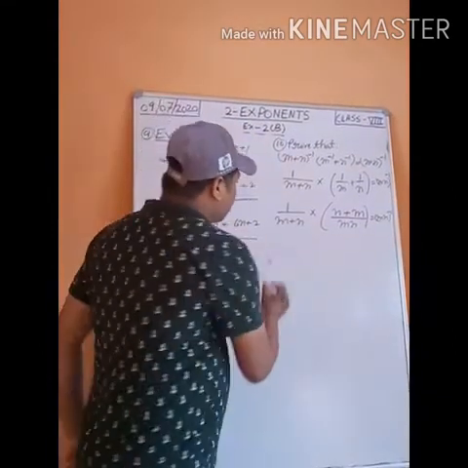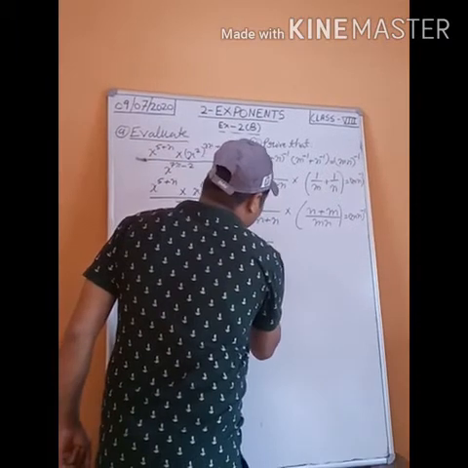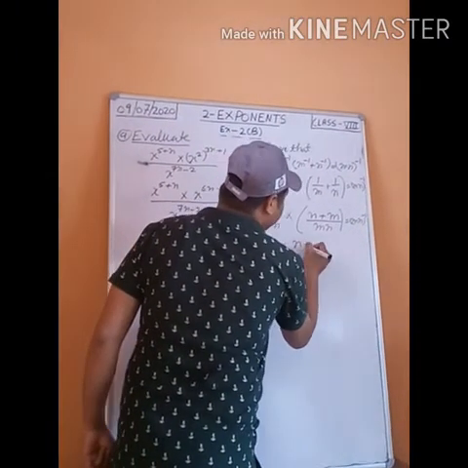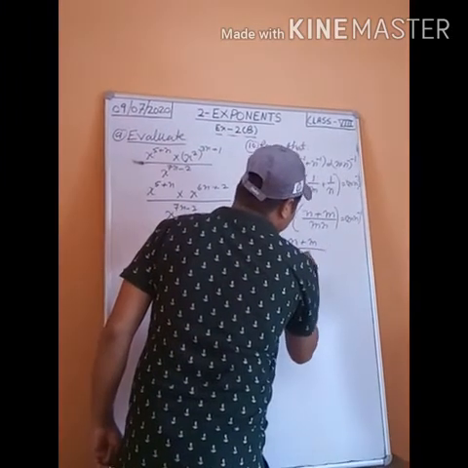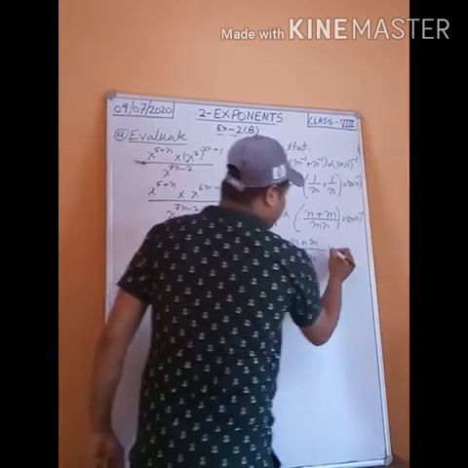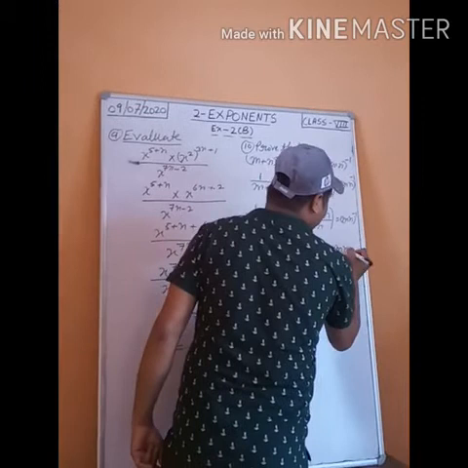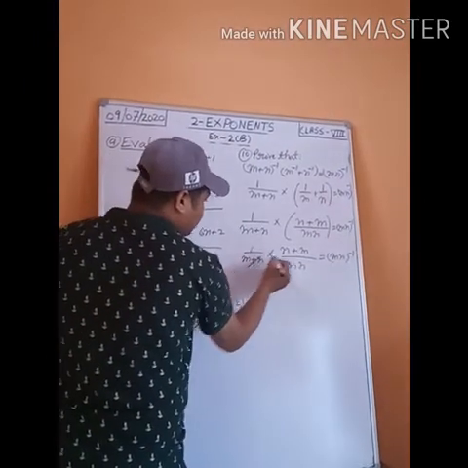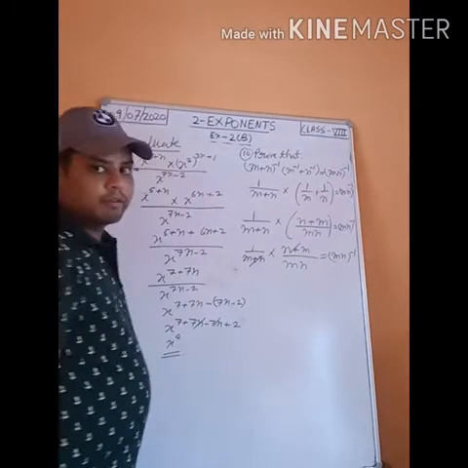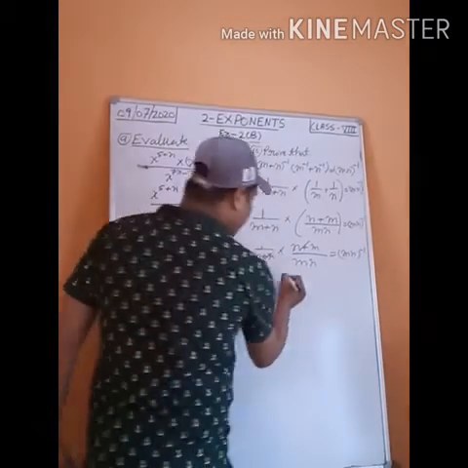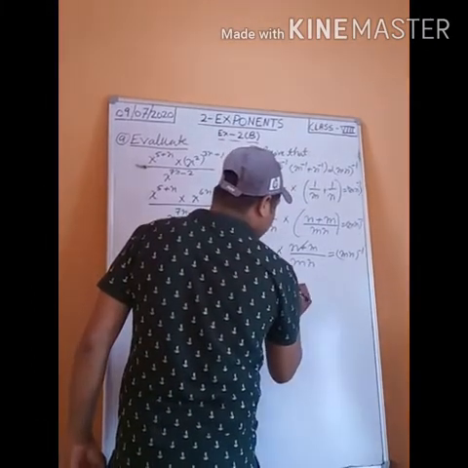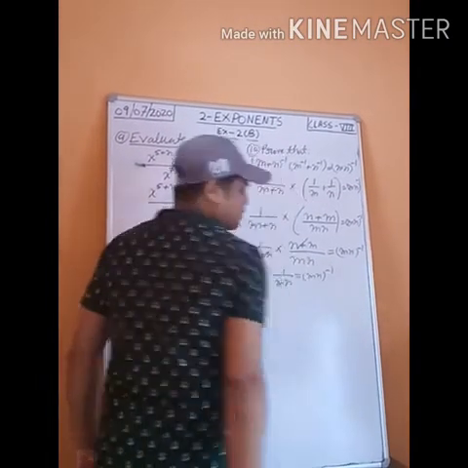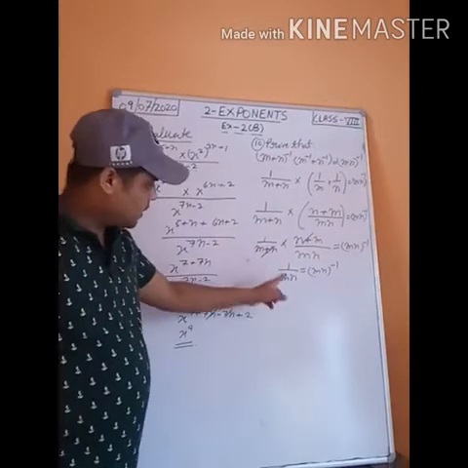So 1 upon m plus n multiply n plus m upon mn is equal to (mn) to the power minus 1. n plus m and m plus n cancel. So 1 upon mn is equal to (mn) whole power minus 1.